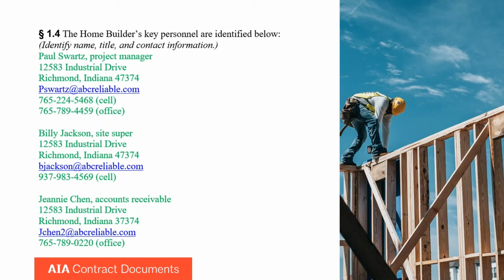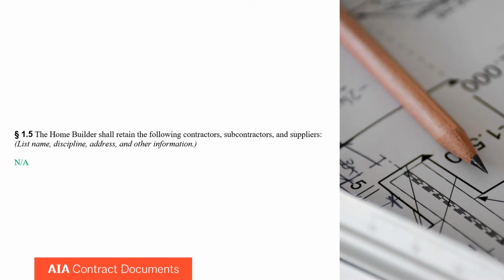Here, the home builder identifies their key personnel, and this is particularly important when the owner needs to contact the project manager or site super or whoever's involved in the project. And here, to the extent that the home builder knows the names of their subcontractors and suppliers, they should identify them here.